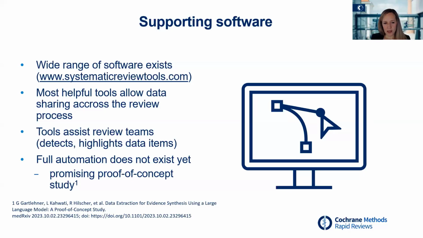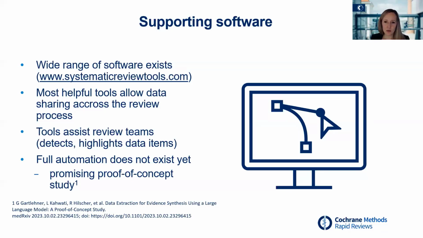Full automation does not exist yet, but I would like to talk about the promising proof of concept study I was involved in. It was led by Gerald Gatlehner, and they used one of the large language models that we are also already using now, like ChatGPT.